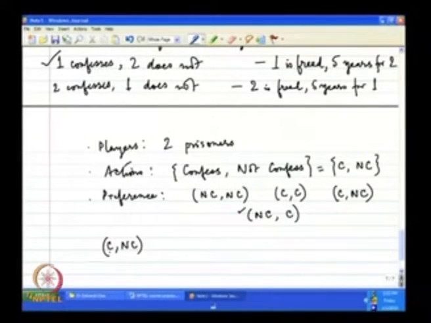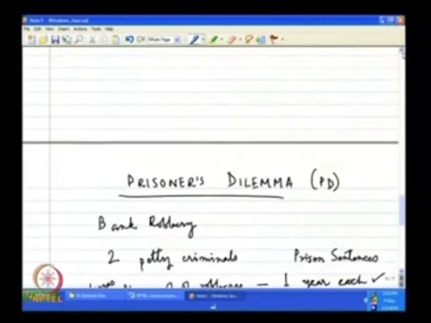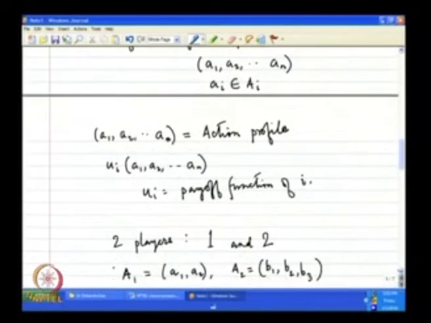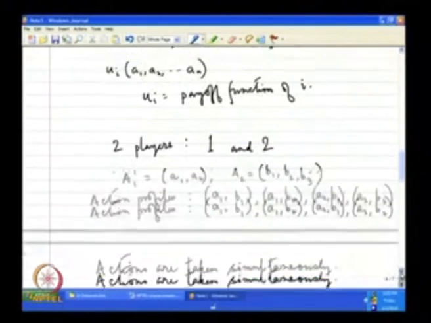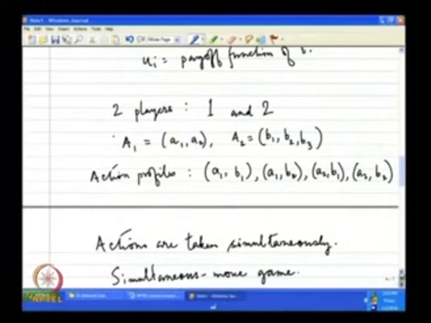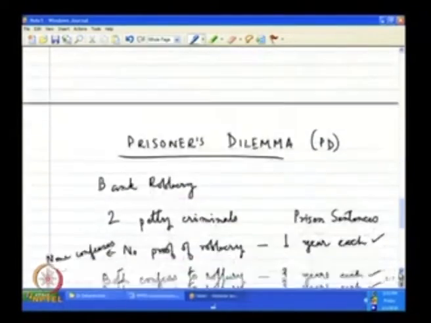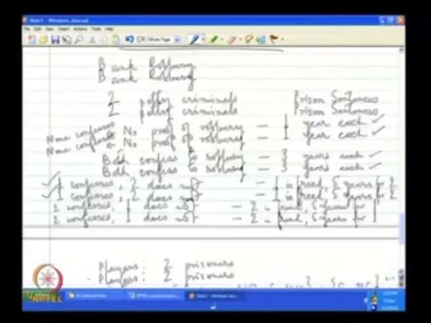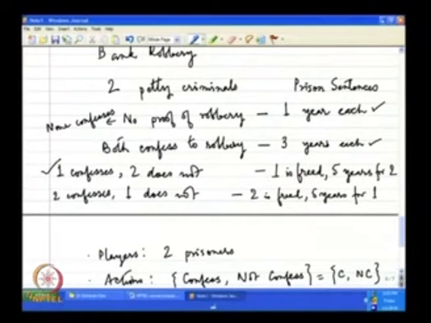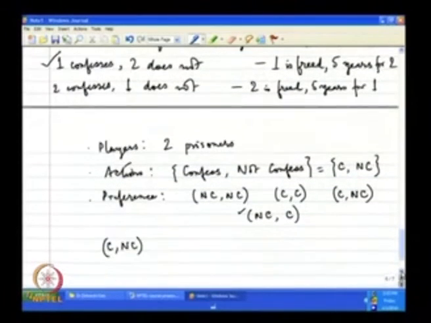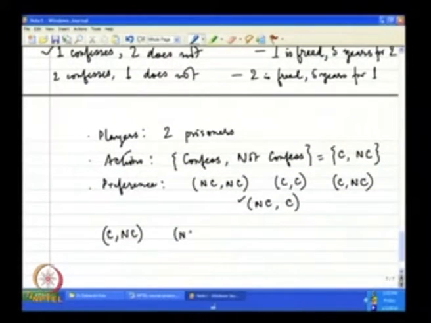This is the best for the first player. What is the second best? The second best is that the first player goes to jail, but for a short period of time, for 1 year, which happens if nobody confesses. So NC NC is the second best for the first player.